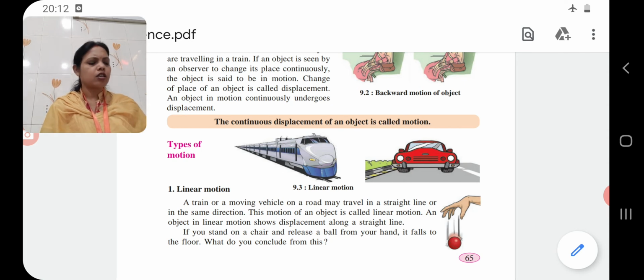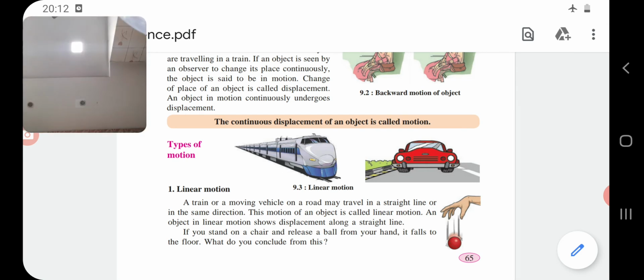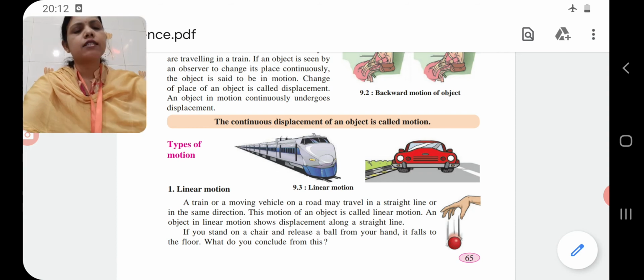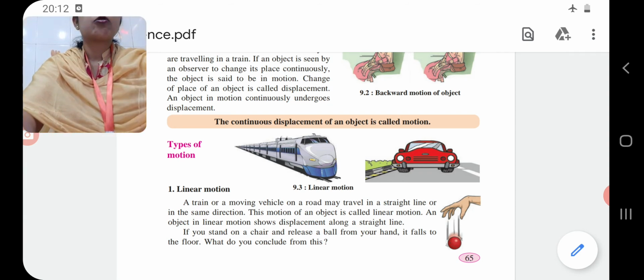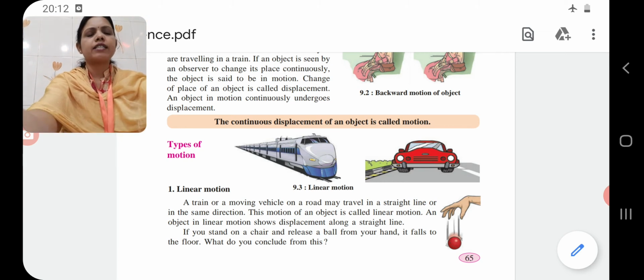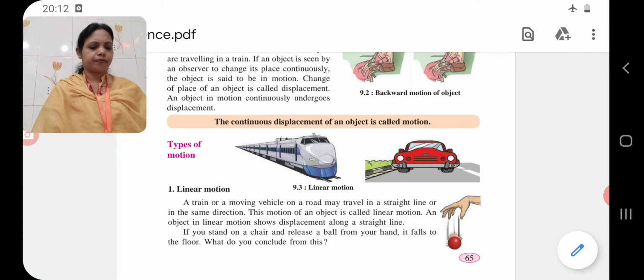The motion of the ball is straight towards the ground. Then it's called linear motion.